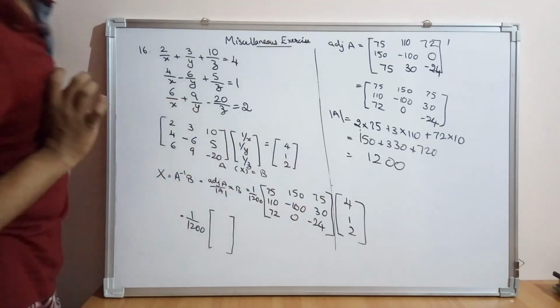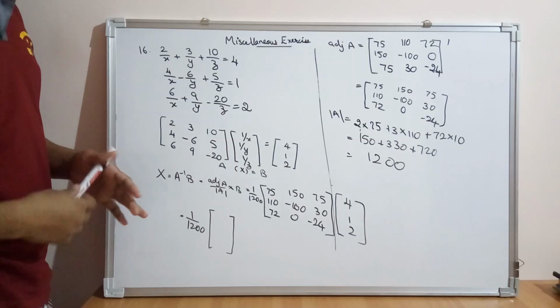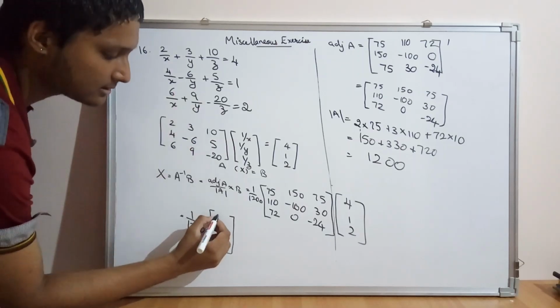300 plus 150 plus 150, that is 600 you are going to get.